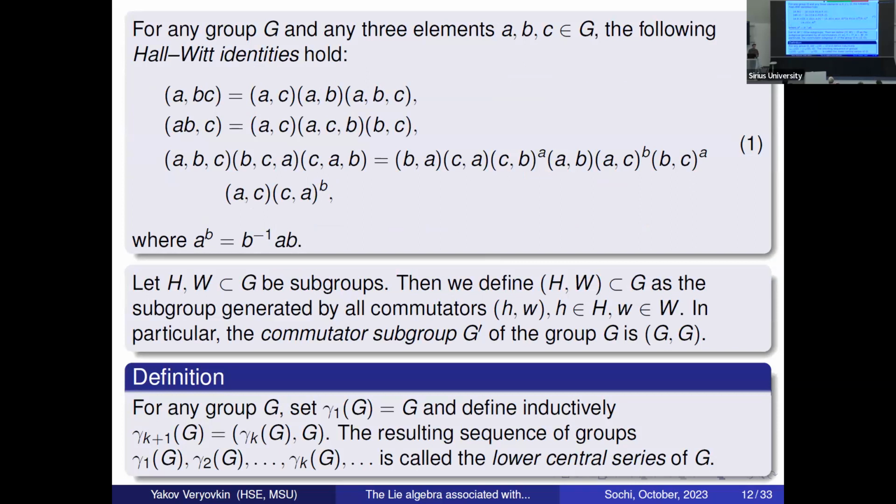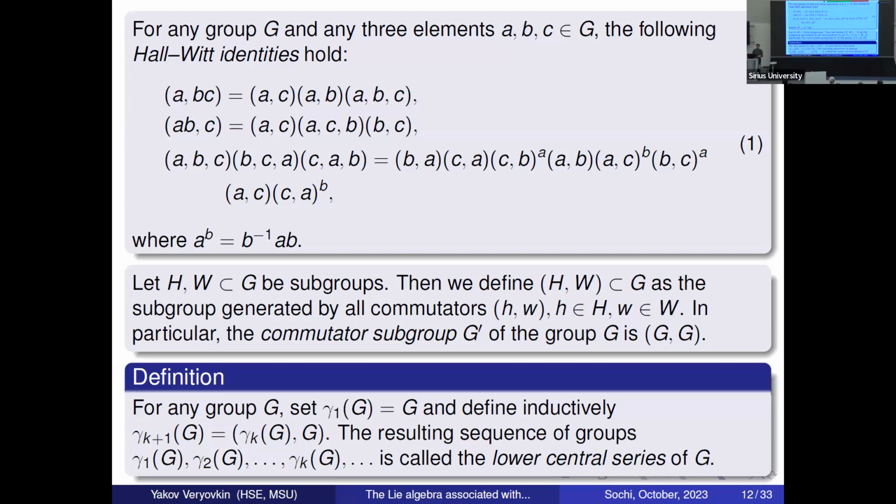Let H and W be subgroups of G. Then we define the bracket [H, W] as the subgroup of G generated by all commutators [h, w], where h is from H and w is from W. In particular, the commutator subgroup G' of the group G is [G, G].